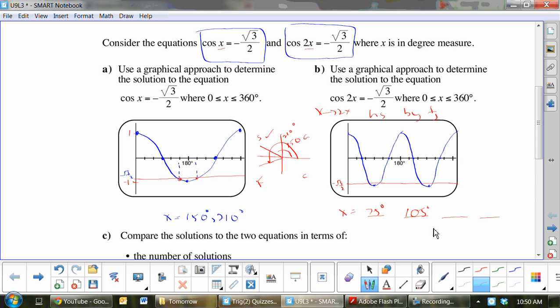The question is, what would these 2 be? Yes? How about the next one? 285.